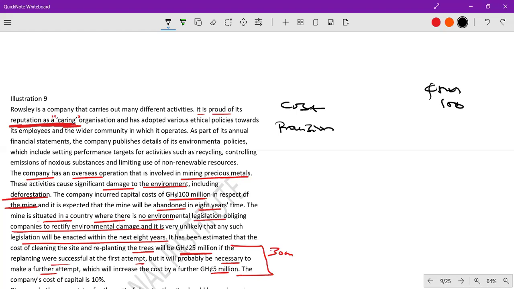The provision will be the 25 plus the 5, so that's 30 million. The 30 million will be discounted by 1 over 1.1 raised to the power 8. Which will give us how much?